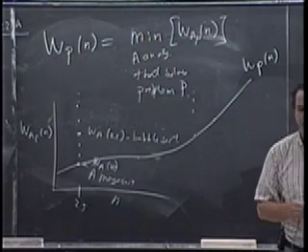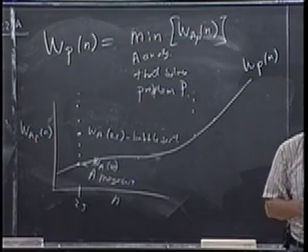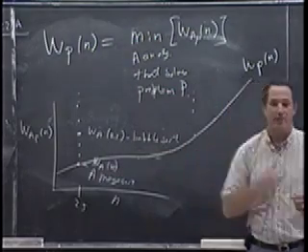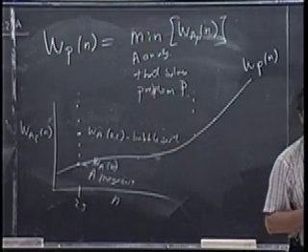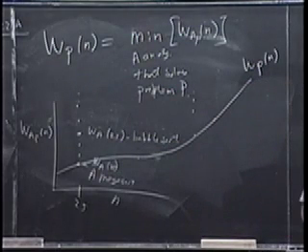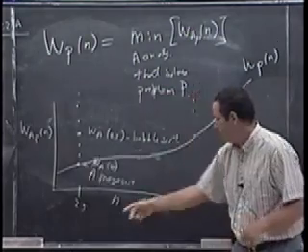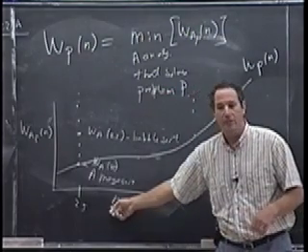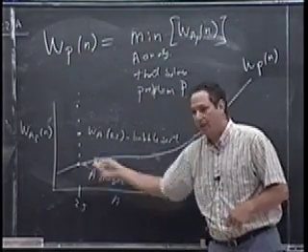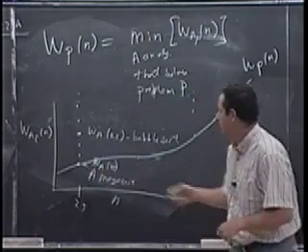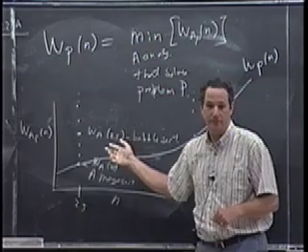It could be a different algorithm at each point. I'm talking about this curve. Best possible result over any algorithm that you can choose. Yeah, sort of. This is, first of all, a function of n. And what it is, this is a lower bound function on any particular W_A(n).